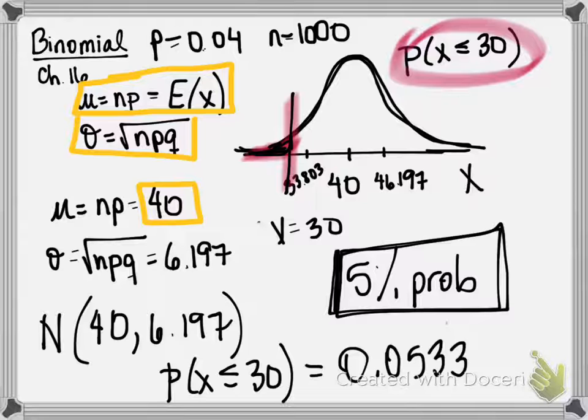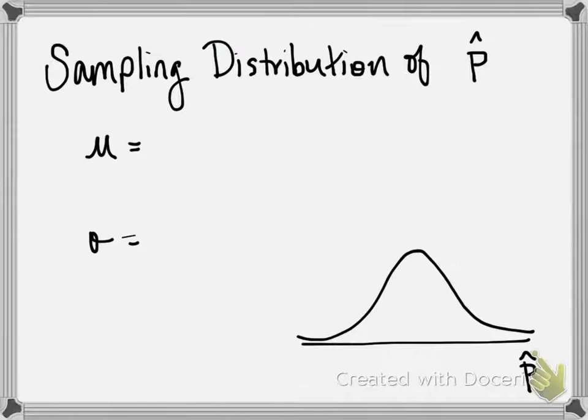Well, this is actually almost the same as what we're doing in chapter 17, except in chapter 17 we're looking at the sampling distribution of proportions. What do I mean by that? Well, sample proportions are just x out of n. In other words, we expect leaks to occur at about 4%.